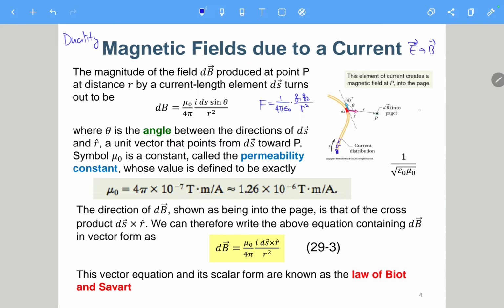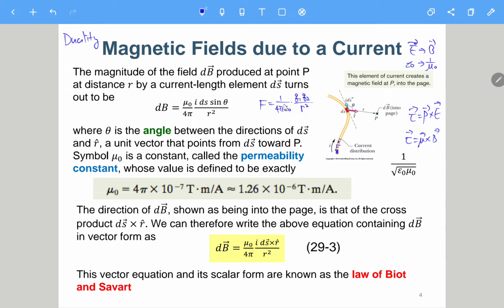For the torque, it is p, the electric dipole moment, cross the E field, and for the magnetic version, the torque equals mu, the magnetic dipole moment, cross the B field. One interesting thing is that we should change epsilon naught to 1 over mu naught. So they have a reciprocal duality.